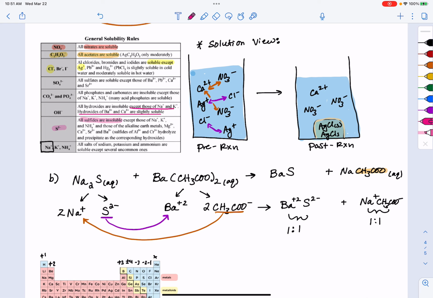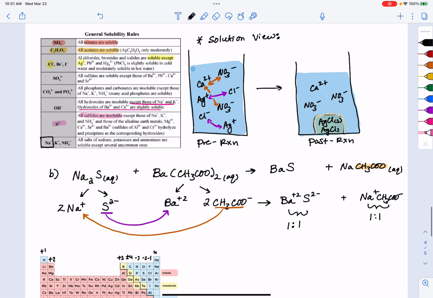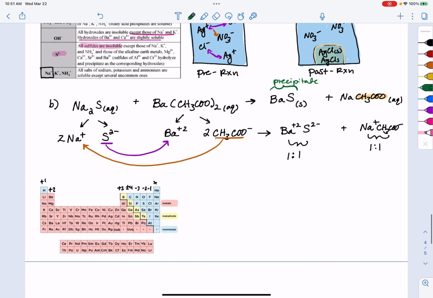So you might not see a massive quantity of solid buildup in your reaction vessel, but we will still see a little bit of solid being formed, meaning that we have this kind of partially soluble precipitate. And this came from our sulfide rule.